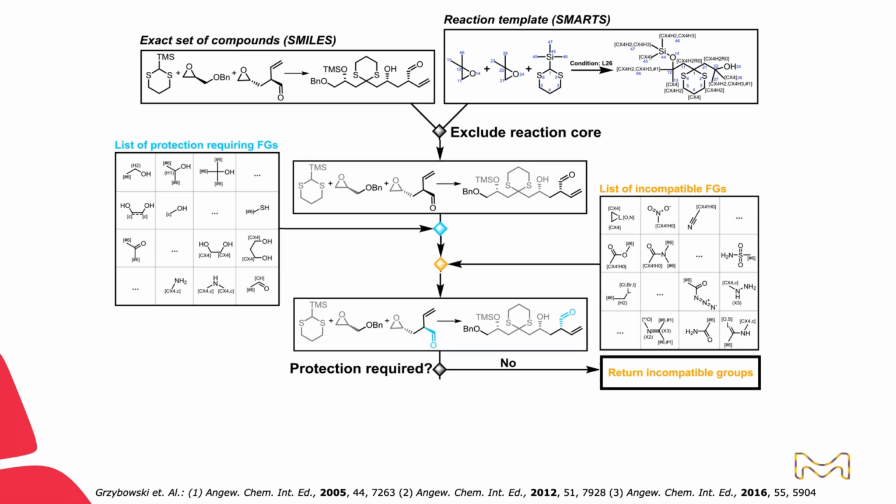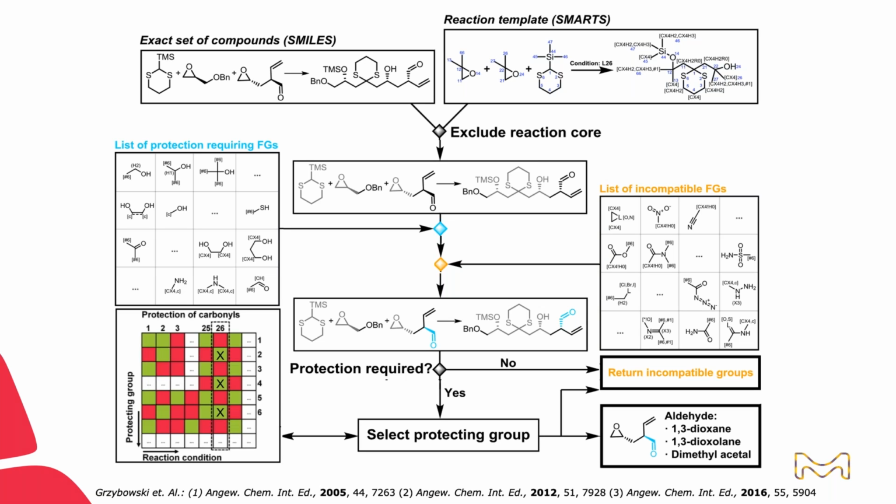If there are those incompatible functional groups that can't be protected, it will say that this reaction is not viable. Or if there are functional groups that can be protected, now it's going to look at a matrix of protecting groups and select ones that are compatible with reaction conditions so that it can actually propose potential protecting groups that you can use for your synthesis.